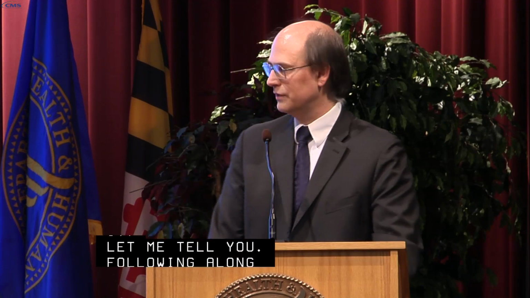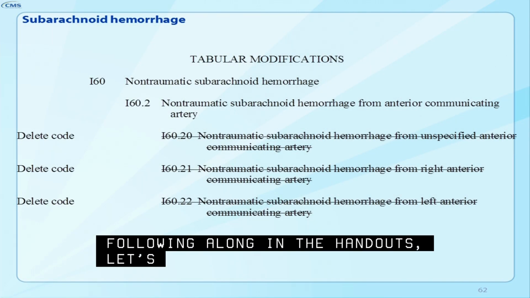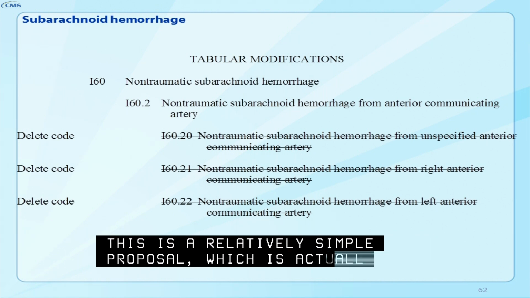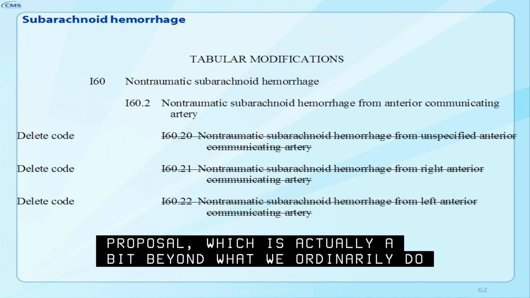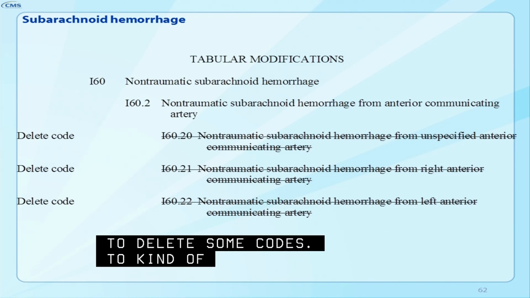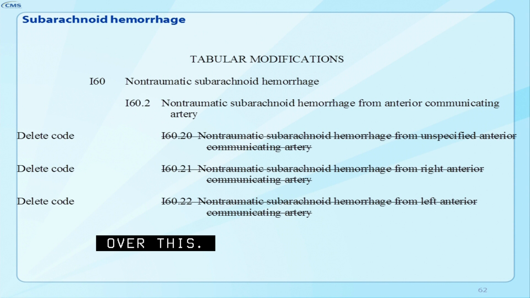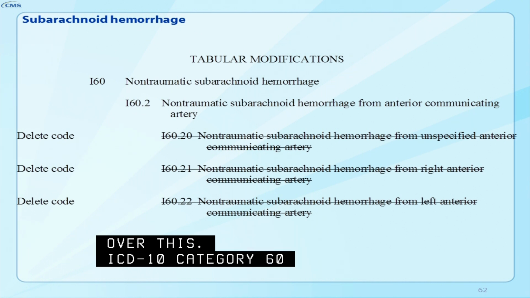This is a relatively simple proposal, which is actually a bit beyond what we ordinarily do. Essentially, this is a proposal to delete some codes. To help clarify, in ICD-10-CM, category I60 is non-traumatic subarachnoid hemorrhage. In creation of the clinical modification, we expanded a number of codes to identify laterality.